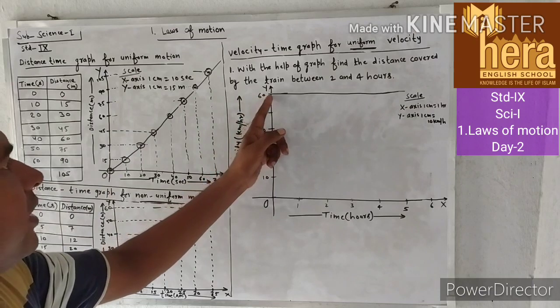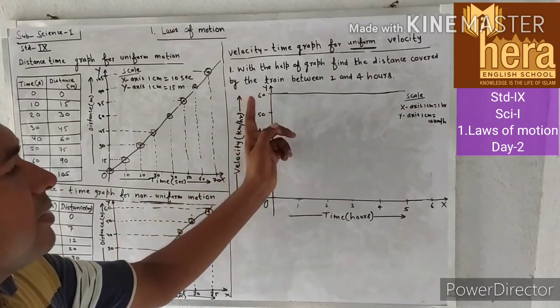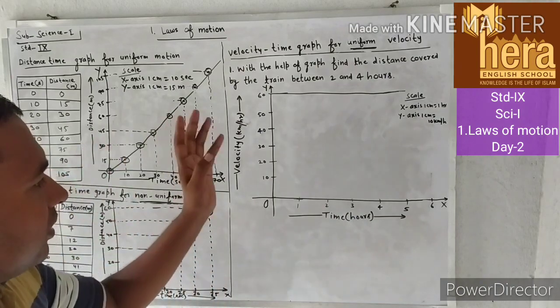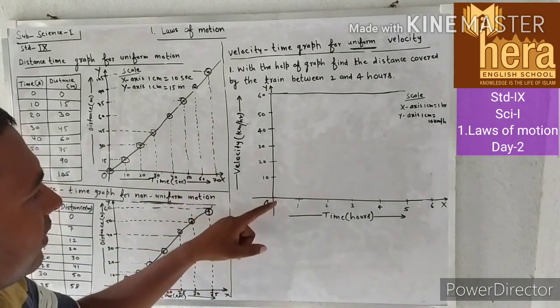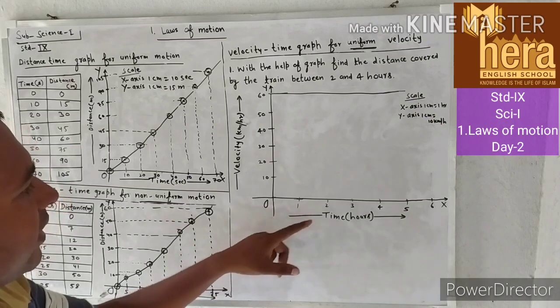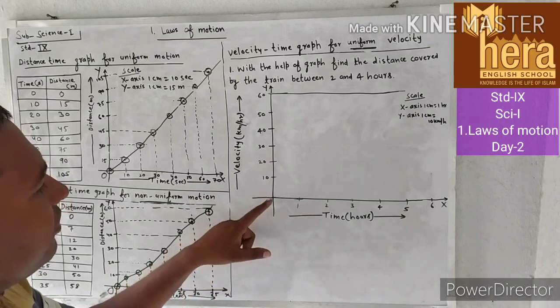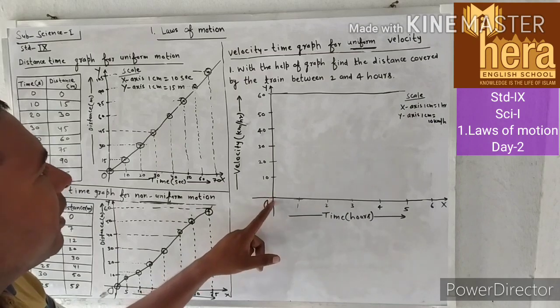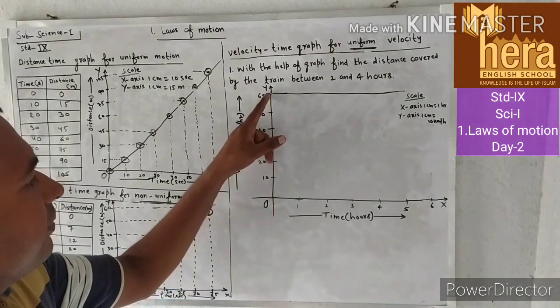First of all I want to tell you how to read the graph. A car is moving at 60 km per hour. It means if I ask at t equal to 0 hour, what is the velocity of the car? You will say 60.